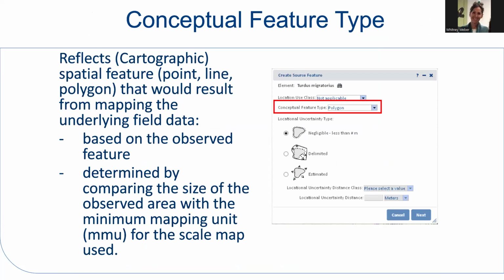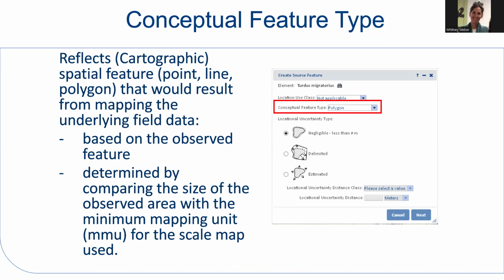So the conceptual feature type reflects the spatial feature that would result from mapping the underlying field data. It is based on the observed feature, and it's determined by comparing the size of the observed area with the minimum mapping unit for the scale of map used.